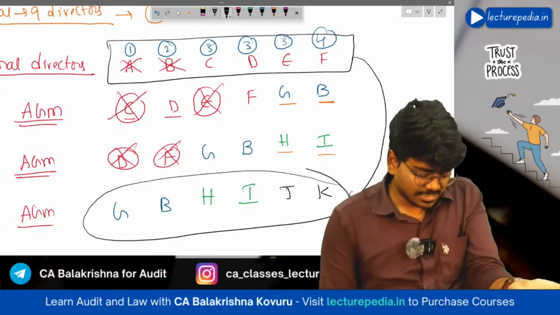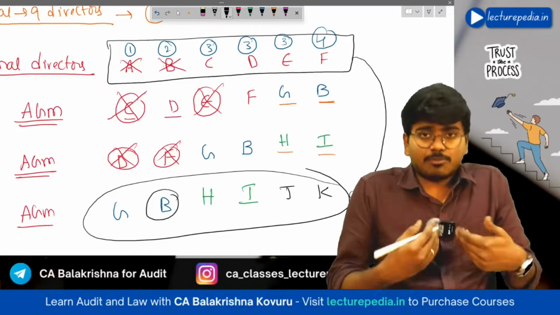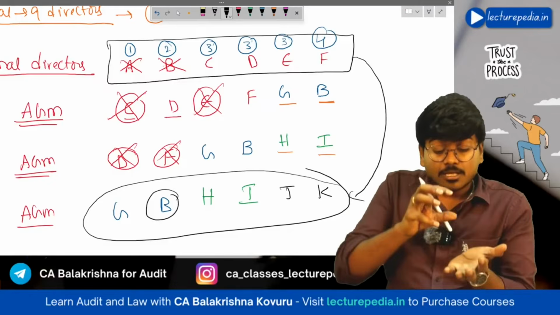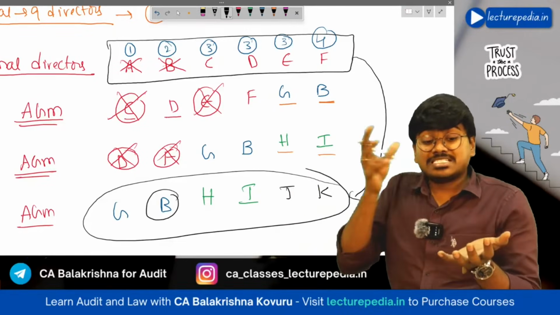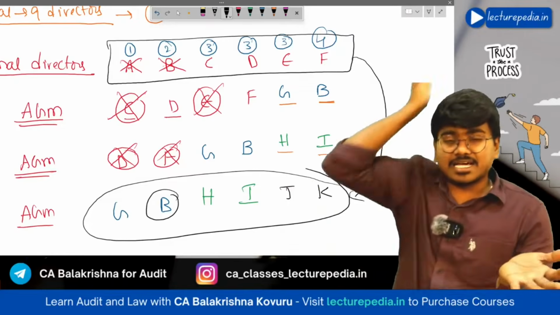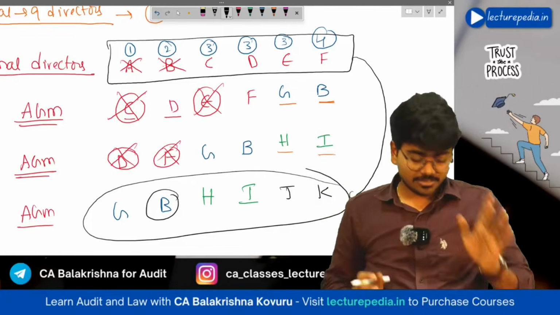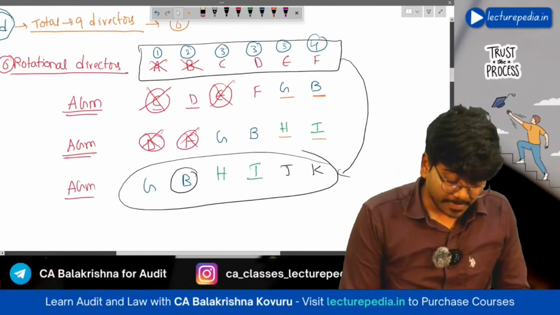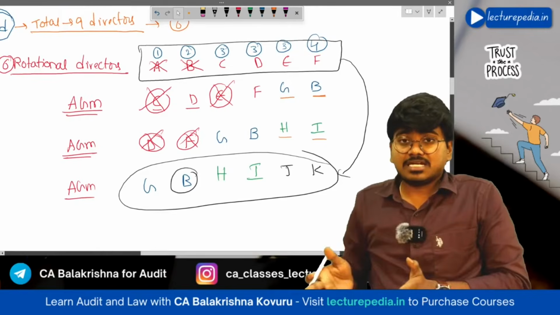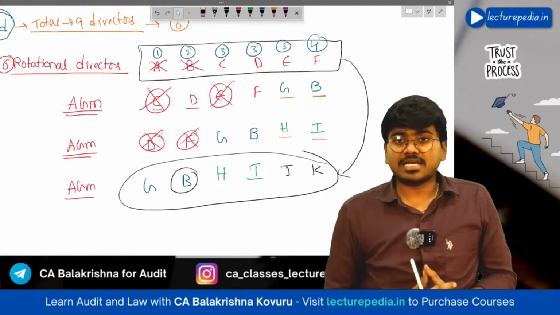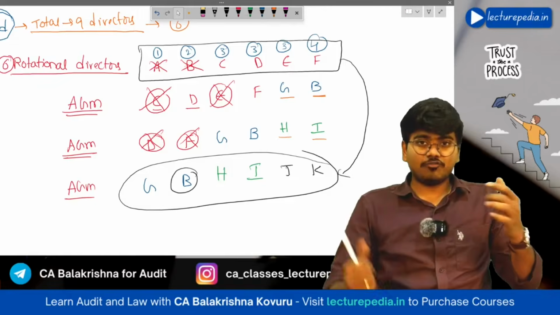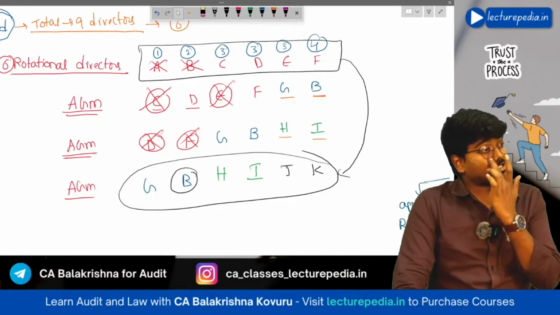It is secondary that B has been appointed again, but shareholders have got a chance to decide whether to appoint the retiring director or not, right? So in the span of 3 years there will be a complete reshufflement in the board of directors. This is the beauty of the concept of rotation of directors.